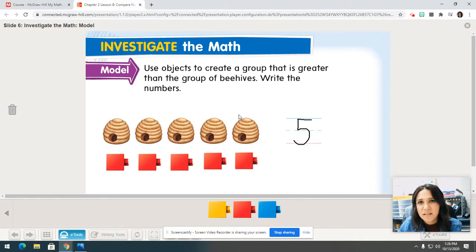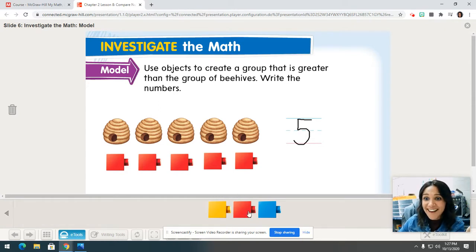Is that greater than? Are my red cubes greater than? No, they're equal to. Echo me, equal to. Good. They are equal to, but I want something that is greater, a larger amount. So what do I need to do?